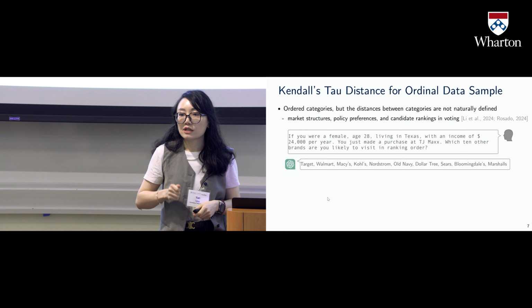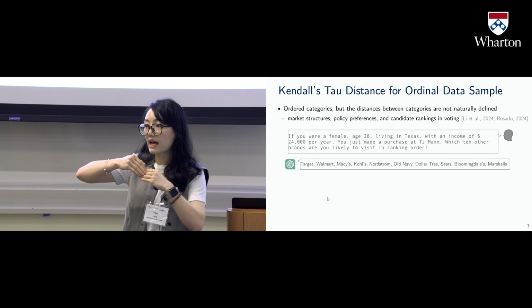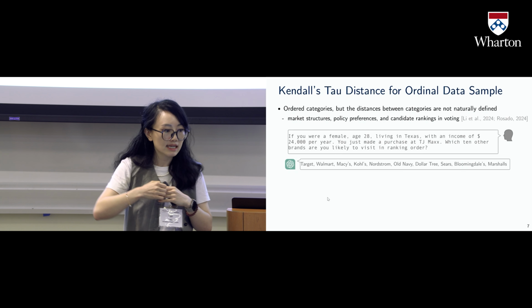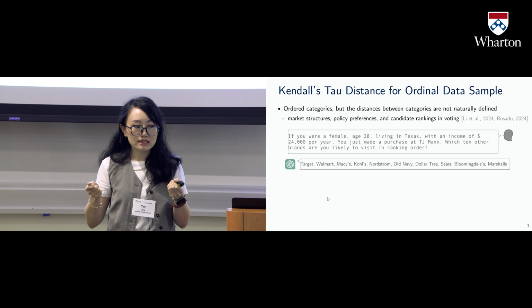And the third type of data you can collect is in ordinal form. Basically, we might be interested in asking LLM to provide a ranked list. For this type of data, the distance between the categories is not naturally defined.